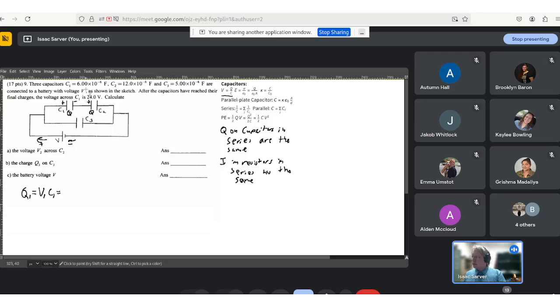C1 is 6 times 10 to the minus 6 farad, and the voltage has been provided to us as 24 volts. So now we know the charge: 6e minus 6 times 24.